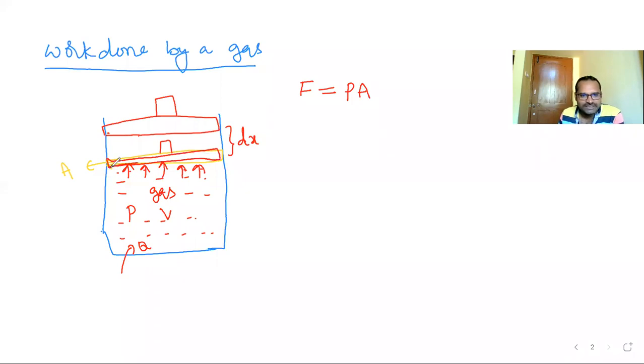Yes, on this area of cross section, this pressure is acting. Clear? Now this much force is acting.